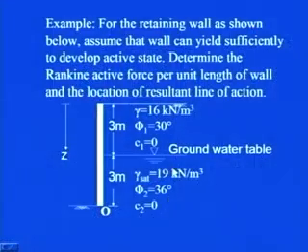Here below the groundwater table, the soil will be saturated. So, you have to deal with gamma saturated. This gamma saturated is 19 kilonewton per meter cube. Phi 2 is 36 degree, C2 is equal to 0. Again the soil above and below the groundwater table is frictionless.